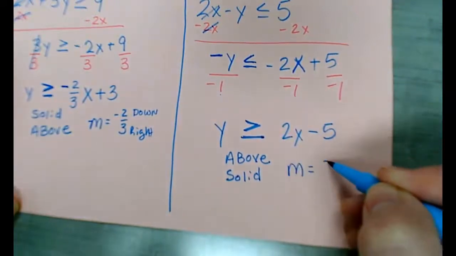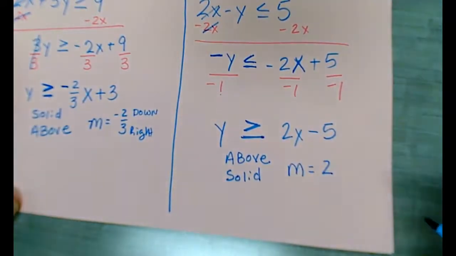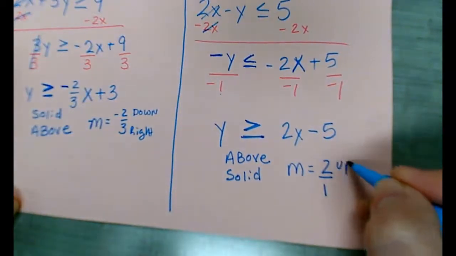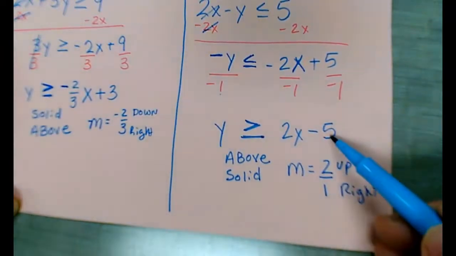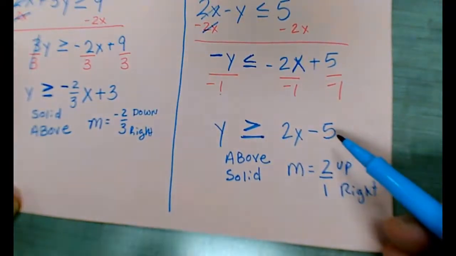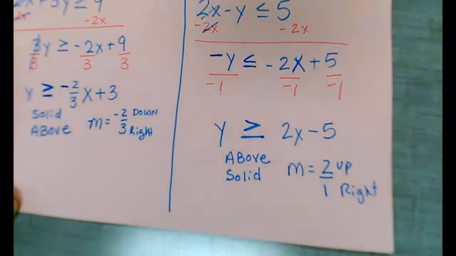The slope is 2, and I have to change that to a fraction, so I'm going to be counting up and right from the -5 on the y-axis. I'm waiting a minute for those of you that are trying to get this part written down.